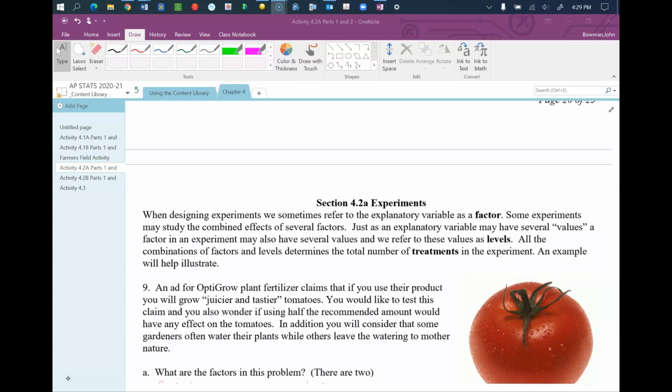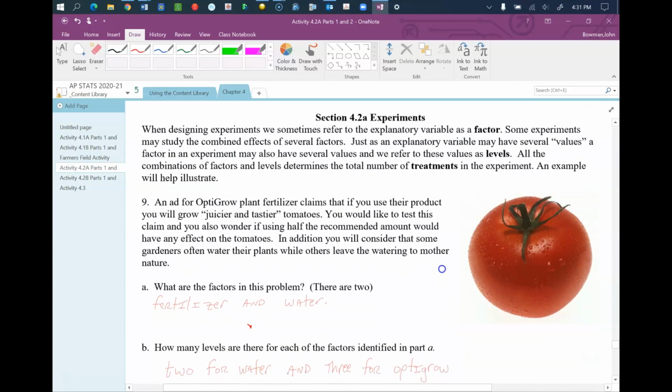So if we put that all together, we have 2 factors: amount of water and amount of fertilizer. Fertilizer has 3 levels: 0, half, and full amount. Water has 2 levels: natural rainwater and additional water. And when we put everything together, we end up with 6 treatments.